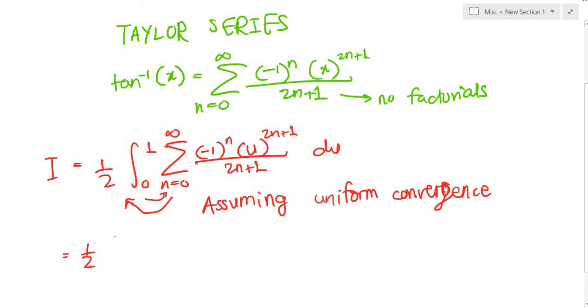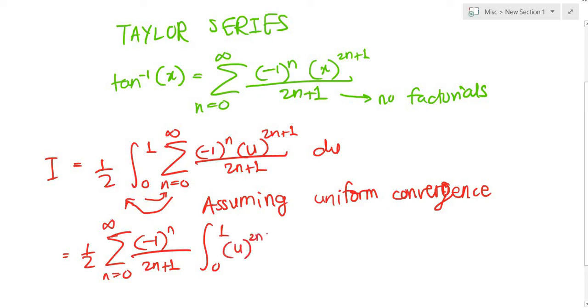So we have half of the sum from n equals 0 to infinity, and I'll take outside all the terms that have only an n. So minus 1 to the n divided by 2n plus 1, and an integral from 0 to 1 of u to the 2n. Well, I forgot the u in the denominator, guys.